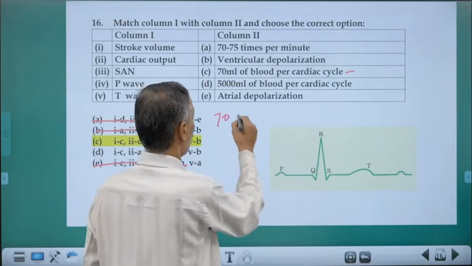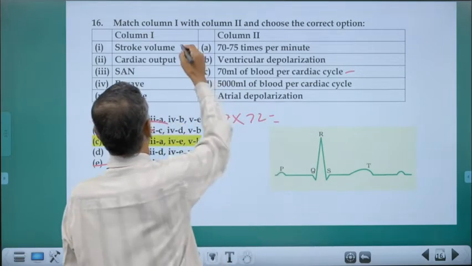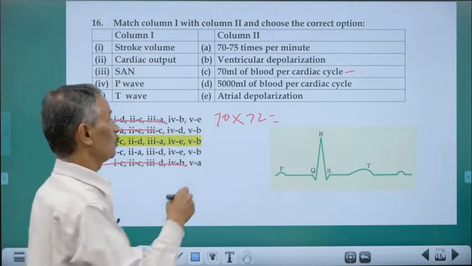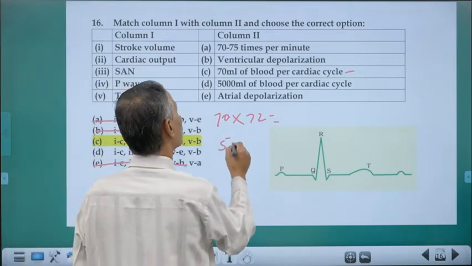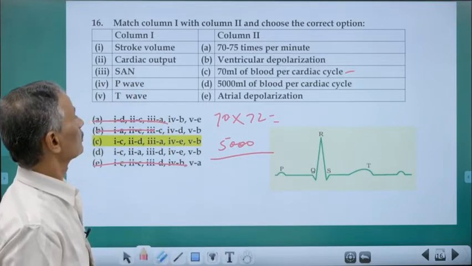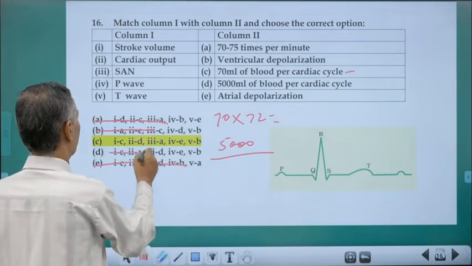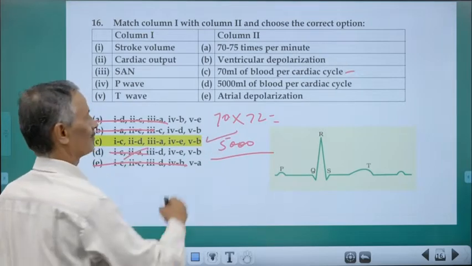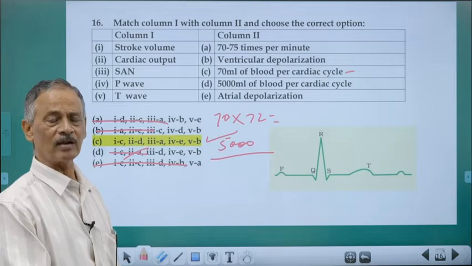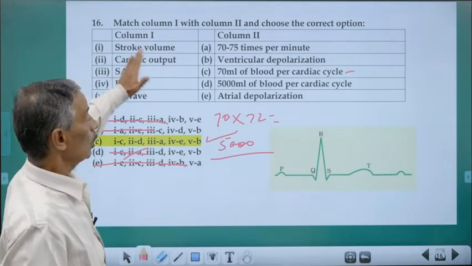So stroke volume into frequency is cardiac output. So 70 into 72, we take the average, 5 liters or 5000 ml. So second should be D. Immediately we came to the answer. See how fast you are arriving at the answer, even looking into all the details.